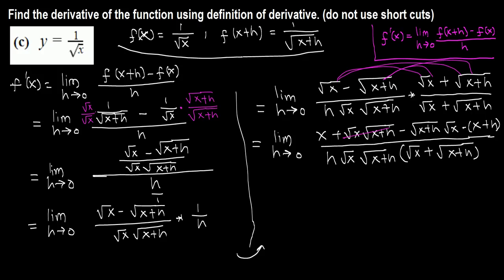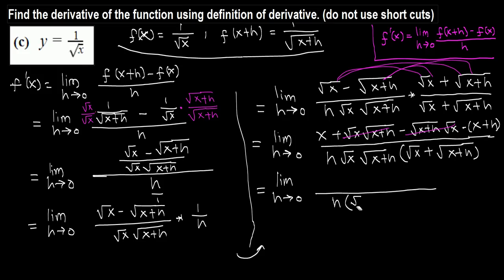So the middle two terms cancel. What do we have on the top now? x minus x, and when we distribute the minus sign, minus h. So that will be the limit as h goes to 0. The bottom we have to keep writing: h times square root of x plus h times square root of x, times square root of x plus square root of x plus h.